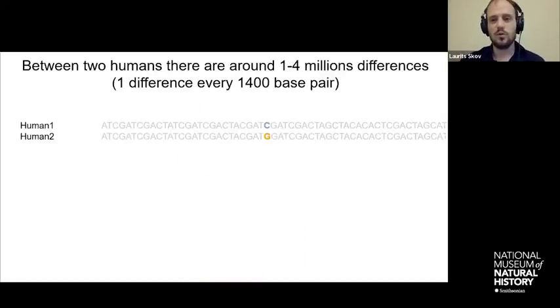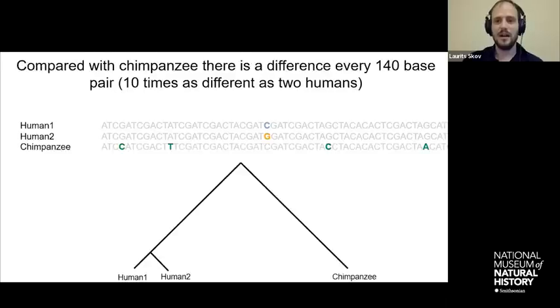If you take 2 humans, most of the time their DNA sequences are going to be identical. There's going to be something like 1 difference every 1,400 base pairs. But if you add a chimpanzee, you see that their DNA is something like 10 times more different than between 2 humans.